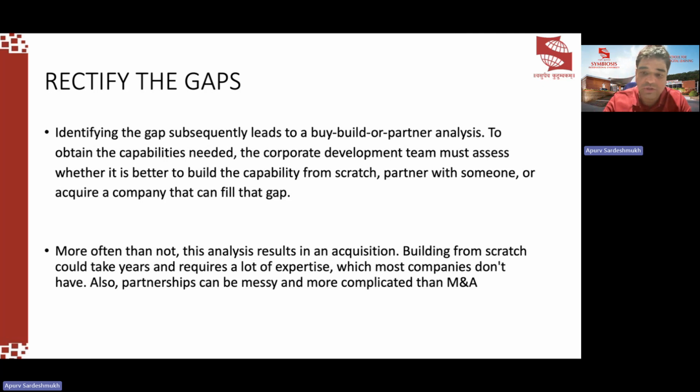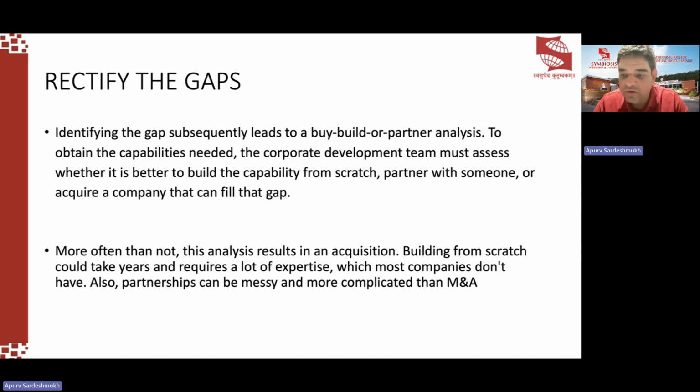Obviously, there are reasons for it, because building something from scratch is going to take a lot of time. That's going to need a lot of expertise. It will take years and years before you build something, develop it, enter the market and create a niche for yourself in the market. Partnerships can be messy. It's better to acquire something.